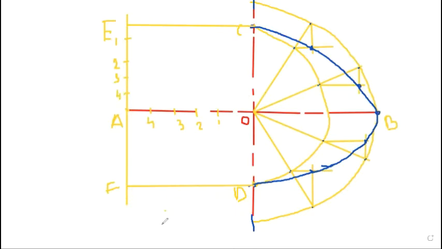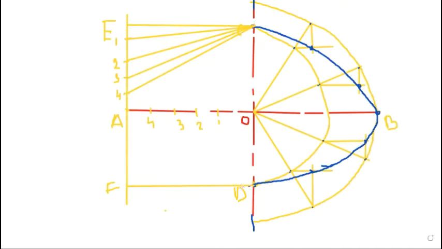Now, first we join C with 4, C with 3, C with 2, and C with 1. Okay.